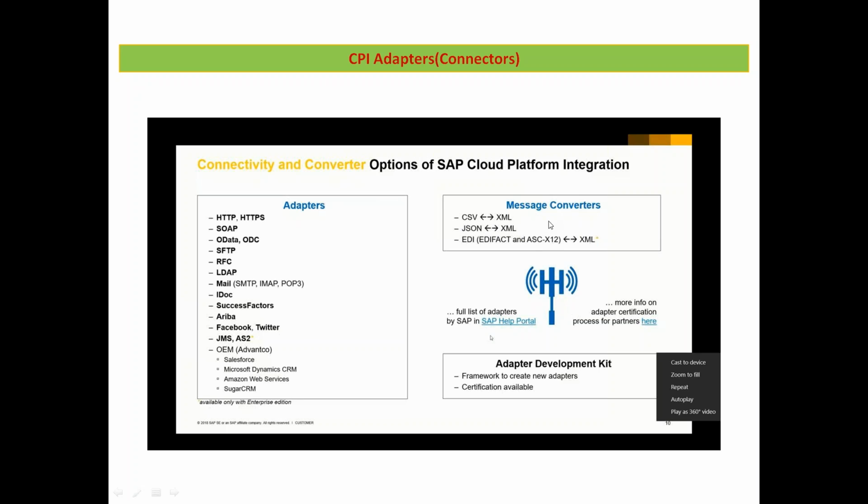You can make use of them while developing your iFlow. Then to build custom development, you can make use of Eclipse. So these are some of the features of SAP CPI. Any doubts? This is a quick overview of the adapters and the message converters, and how you will develop the custom adapter. For the custom development, you will use Eclipse.